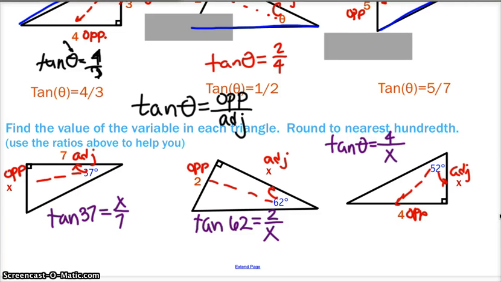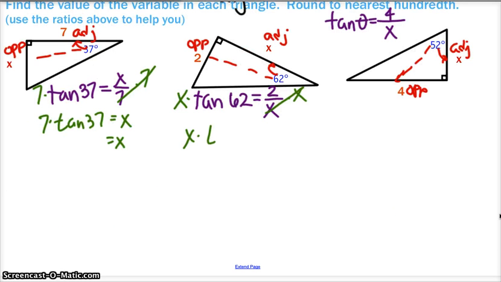Now we need to figure out how to type these in calculator-wise. To get x by itself, I'm going to multiply both sides by 7. So 7 times tangent 37 equals x. I'm going to come back to that in a moment. The middle one, I need to get x by itself, but it's in the position of the thing that's getting multiplied, just like my 7s.